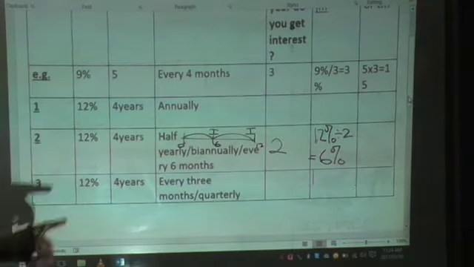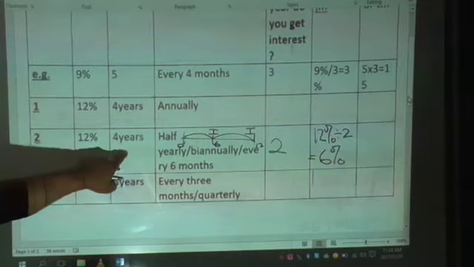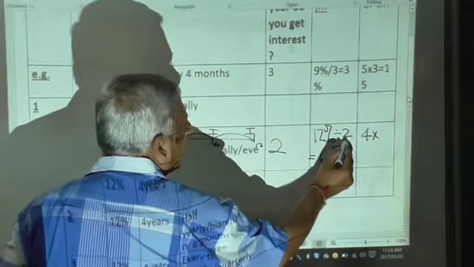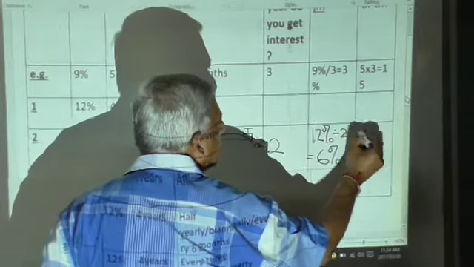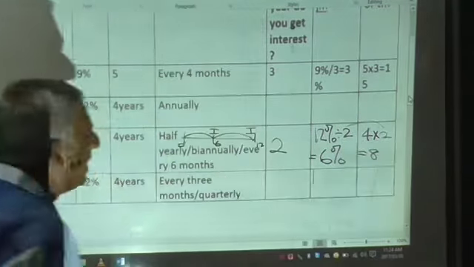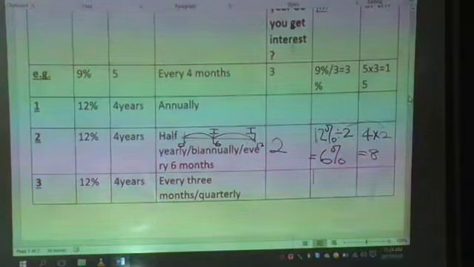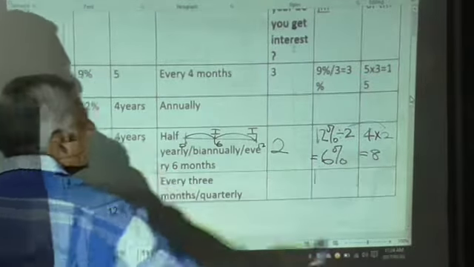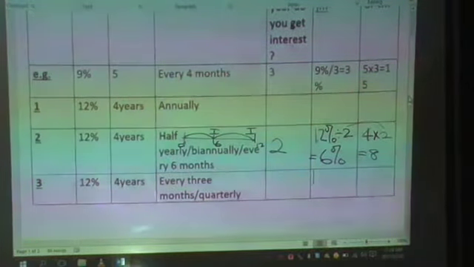Now you take the time. The time is 4 years. You take the time 4 and you multiply it by the same number, which is 2. And the final answer is 8. So when you substitute in the formula, you're going to use 6% and you're going to use 8.